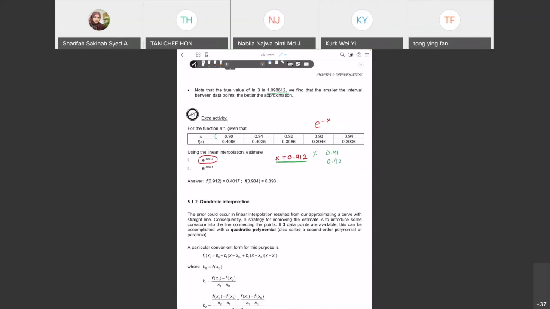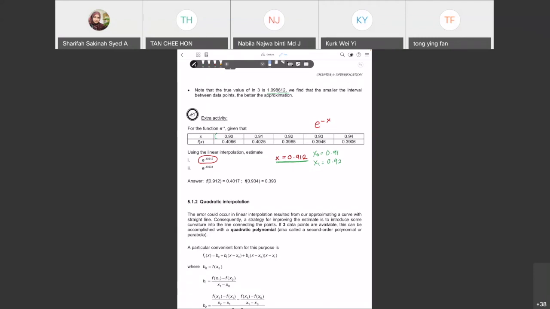So this is your x0, this is your x1. Okay, actually you can use 0.90 and then x1 is 0.92. But this is not the best solution because the interval size is bigger compared to the best one given. Okay, so now you can move to your next step.